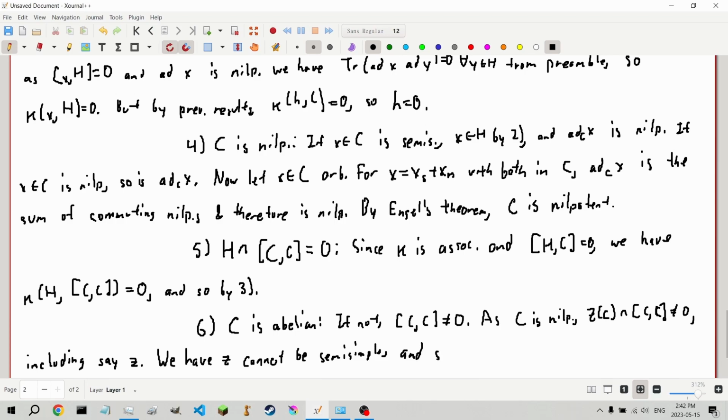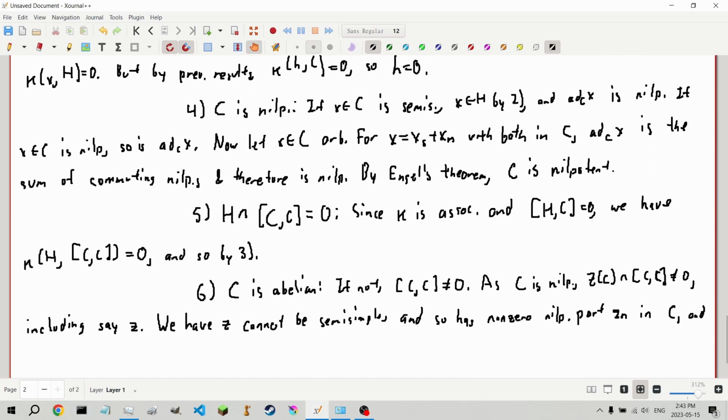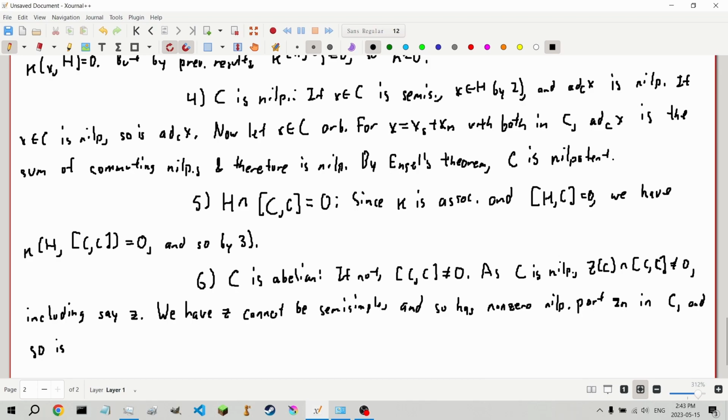And so it has a non-zero nilpotent part Zn in C, and so is in the center of C. But then we know that the Killing form of Zn with C has to be 0, a contradiction.